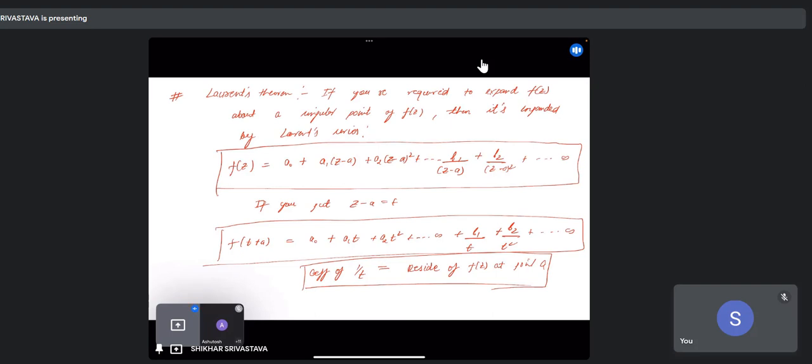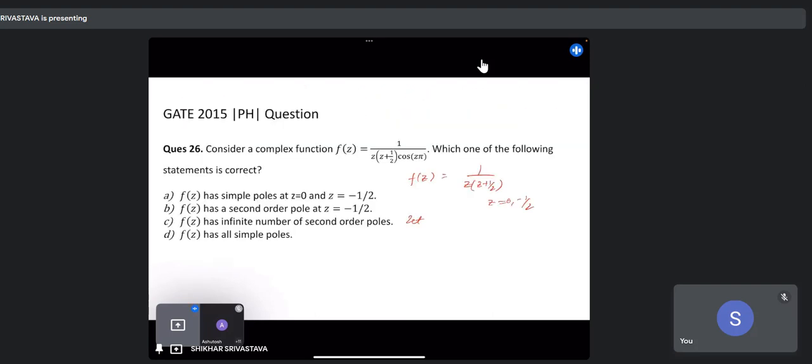As I told you, first you have to substitute z minus a equal to t. So you substitute z plus half equal to t. It becomes 1 upon t minus half, times cos of pi into t minus 1 by 2, since you're putting t minus 1 by 2 in place of z.